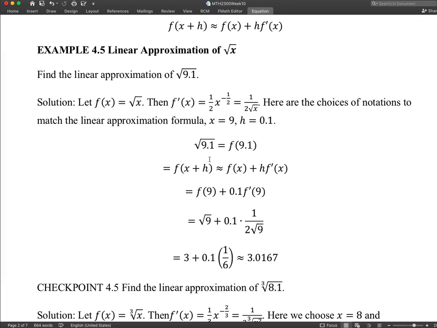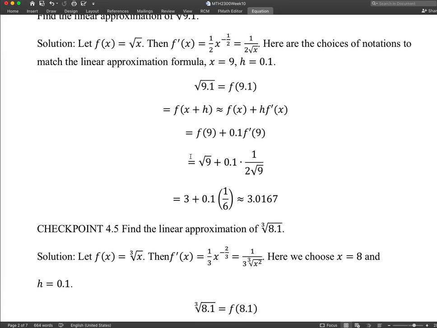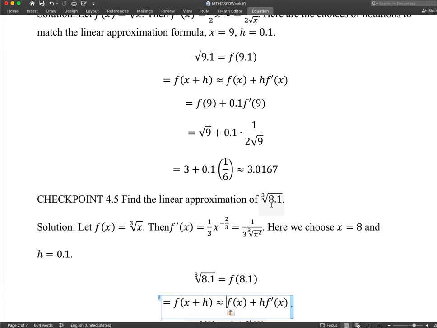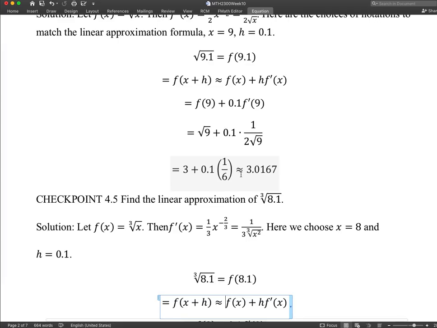Otherwise, like in the previous example, the square root of 9.1, we really have to use a calculator, and then for the cube root of 8.1, we would use the calculator again. And now we figured out how we can do something like a calculator. This is essentially the idea of how a calculator works.